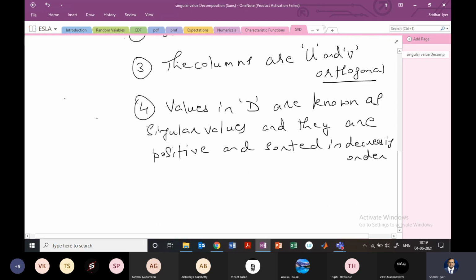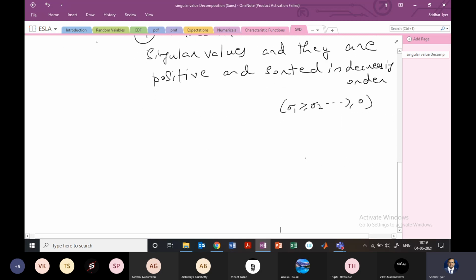So we'll see how this is done. What is this order? So we'll have this sigma 1 greater than sigma 2. That's how it is denoted. Okay, and we'll see what this exactly means. This is just the theory part. So these were the properties of the SVD.